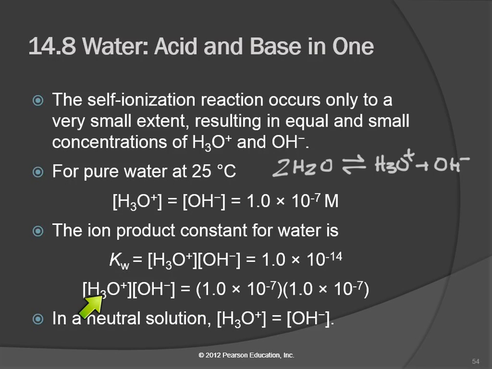Because hydronium ion concentration is 1 times 10 to the minus 7, and the hydroxide ion concentration is 1 times 10 to the minus 7. And you multiply those together, and you get 1 times 10 to the minus 14. So this is an important relationship right here. This is the one we should remember.